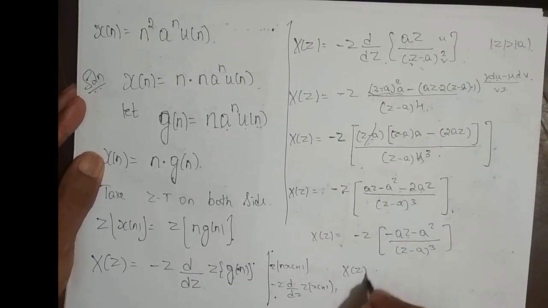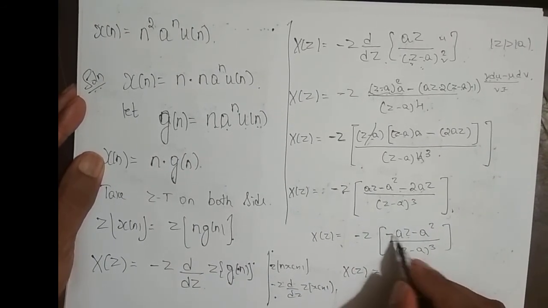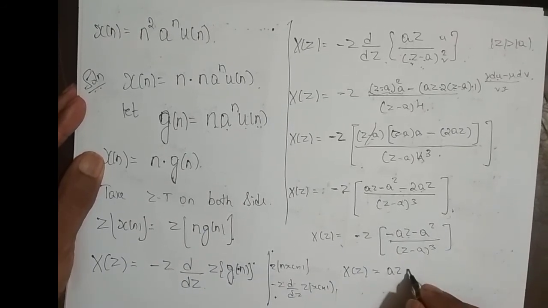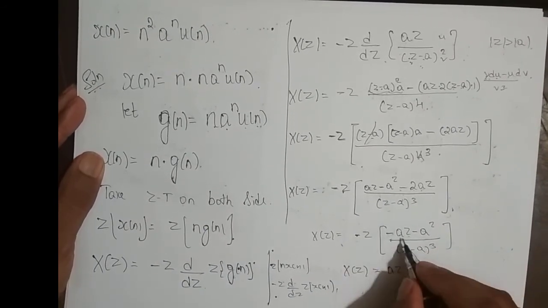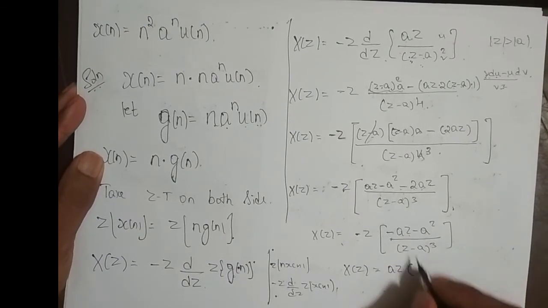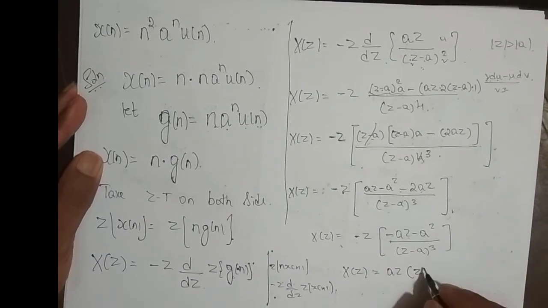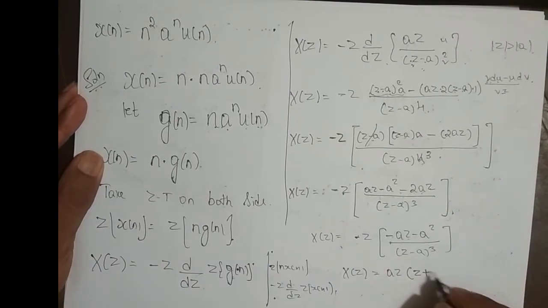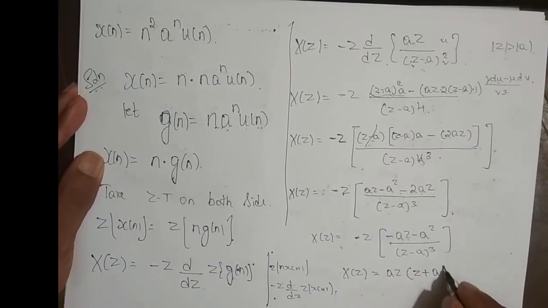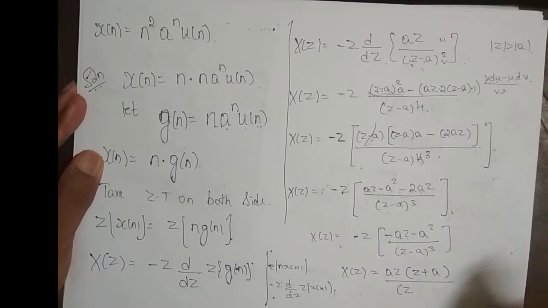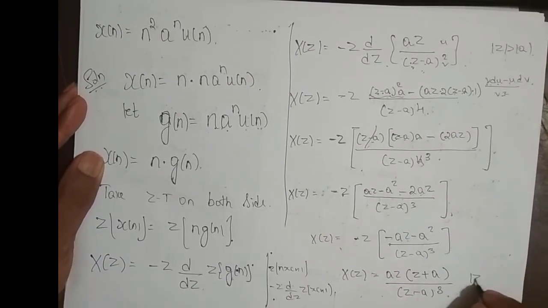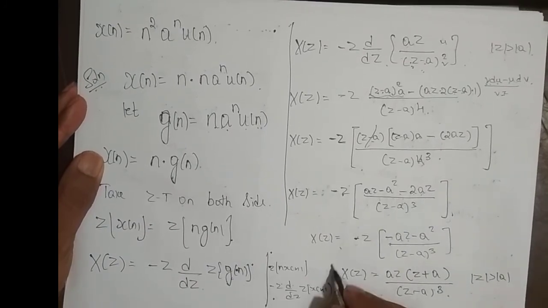So x of z is equal to, I'll take a common and take this minus inside. So I end up with az into z plus a, the whole divided by z minus a whole cube, with ROC magnitude of z greater than magnitude of a.